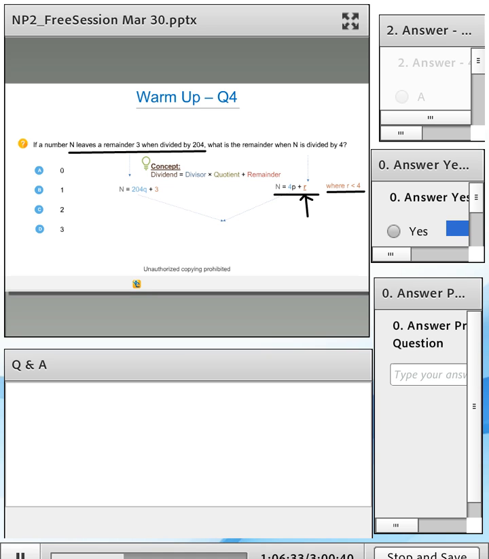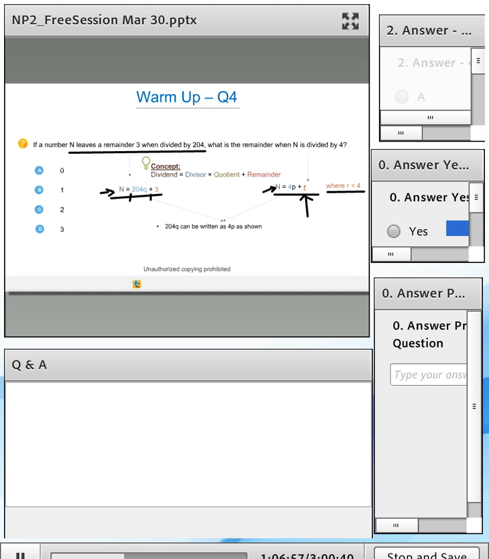So now all we have to do is compare these two equations here. On the left hand side, you have n in both the equations, and on the right hand side, you have certain other terms. So what you see is that if you are able to put 204Q in the form of 4P, you have to try that out. And that's what we are able to do over here.